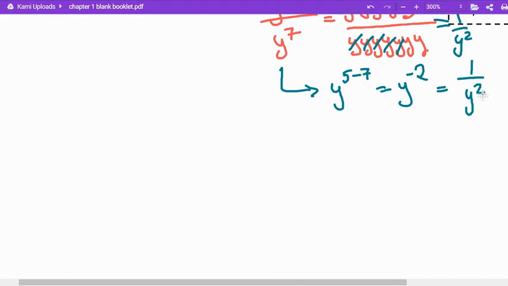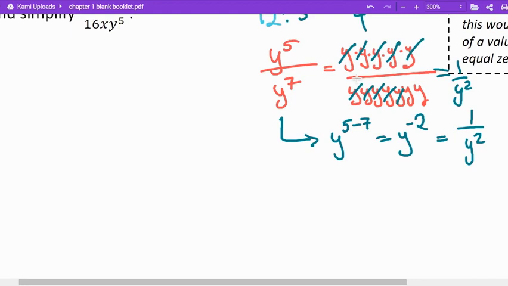Now there's another way. What we did is we said top exponent minus bottom exponent. What I prefer is looking at it critically and saying which exponent is greater, numerator or denominator? Denominator. That means the y will end up in the denominator. What's the difference between these two? 2.